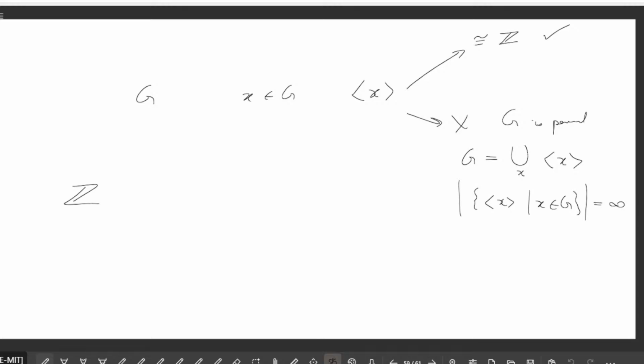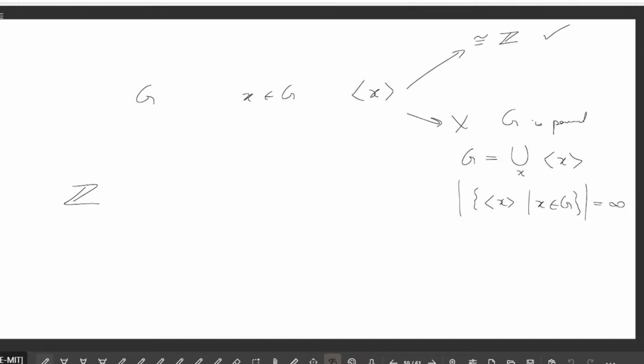So can their union be G? Yeah, there are uncountably many of them. The question is how many of them can be? Right. Again, that list must be uncountably infinite because you must have uncountably many distinct countable sets to make the union uncountable.